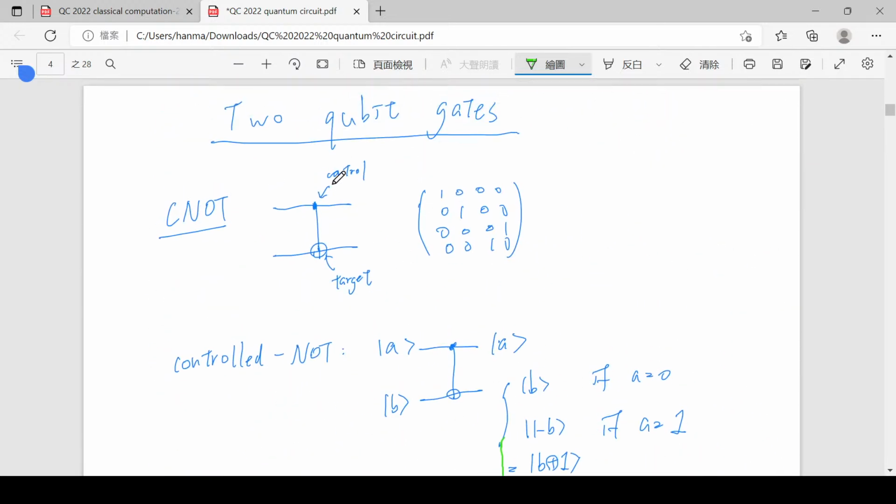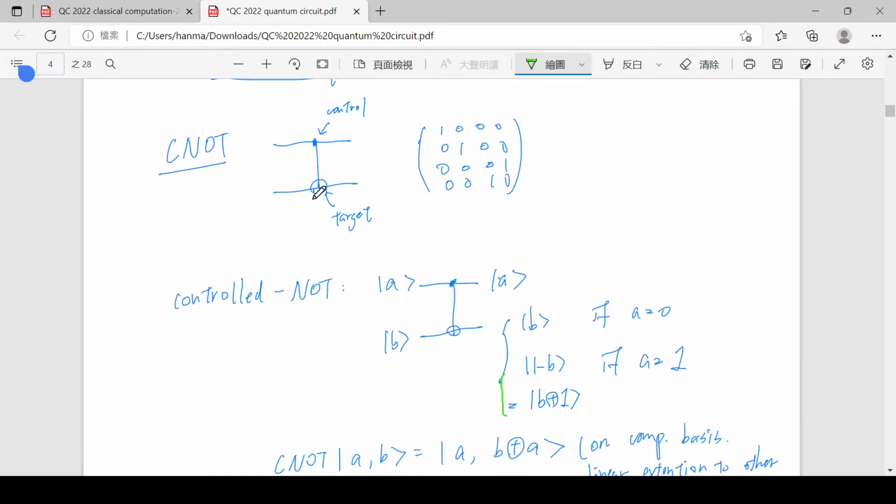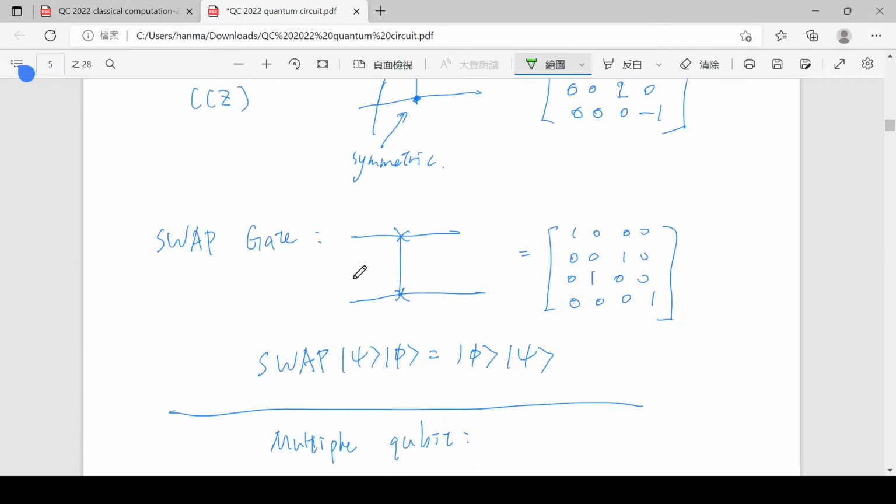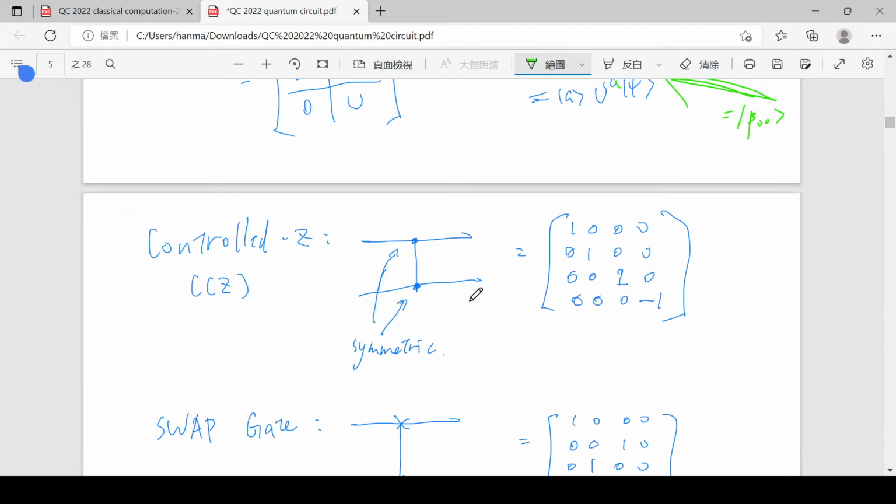So Control Not, I should emphasize this, we write like this: the control qubit is a dot, and the target qubit we write like an XOR symbol, a circle with a plus. And for Control Z, it has a symmetric symbol, both sides look the same, with both of these solid dots.